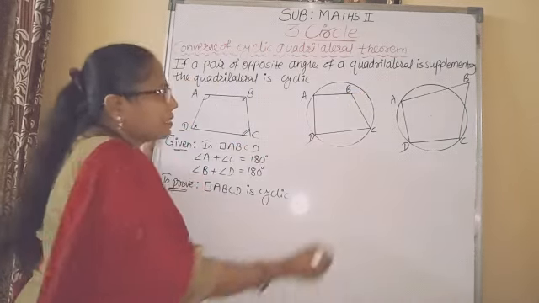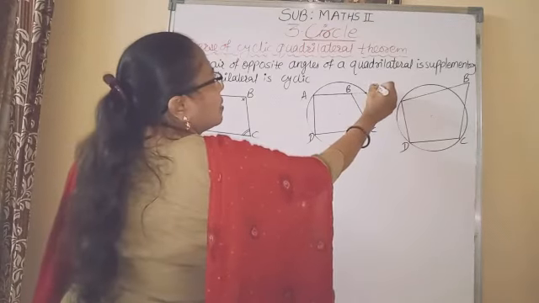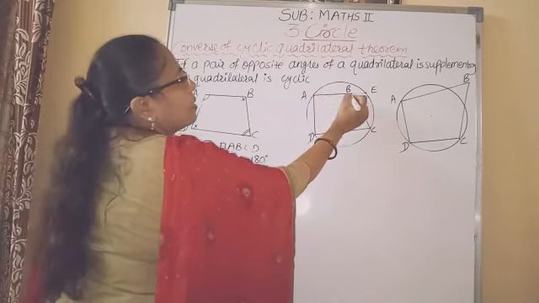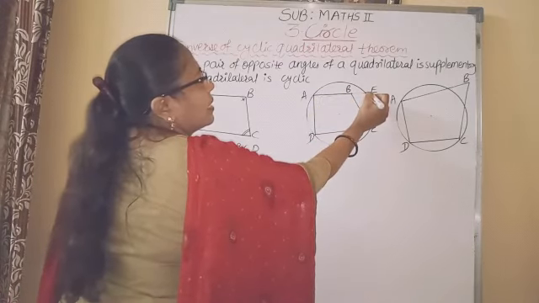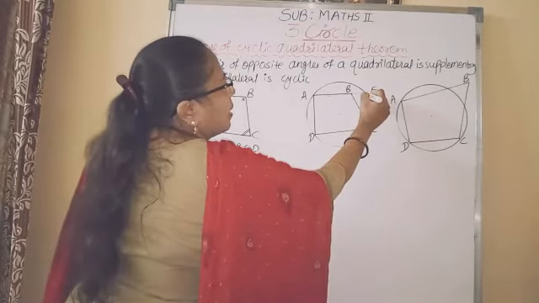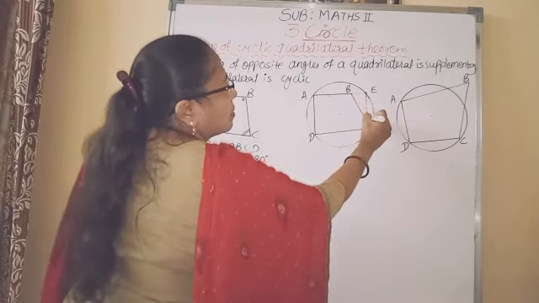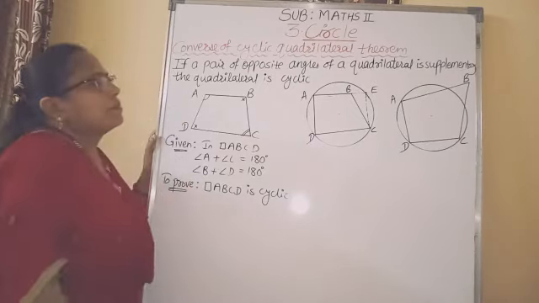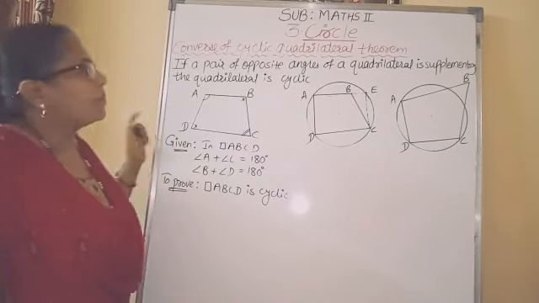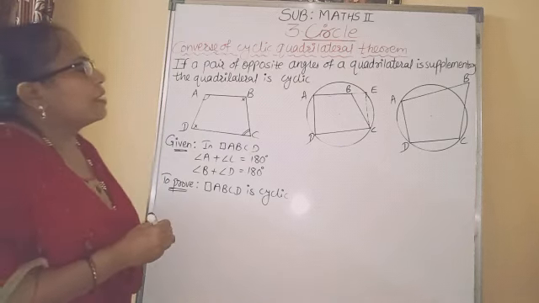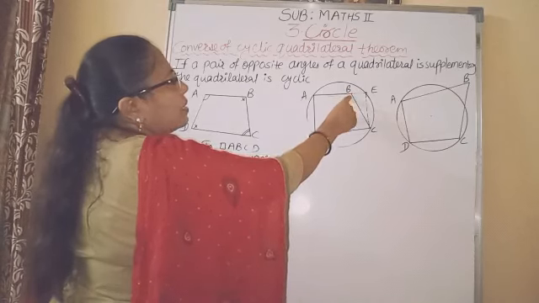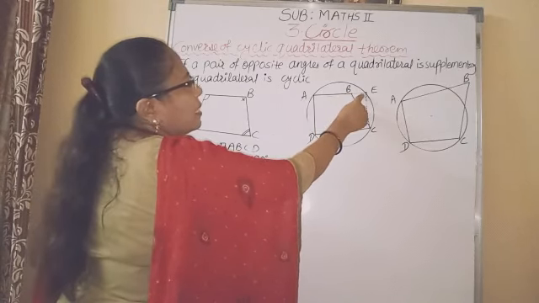Let it intersect the circle at point E. Extend side AB up to point E. It intersects the circle at point E and then draw segment EC. Follow the construction? Okay. Now we got here one triangle, triangle BEC.